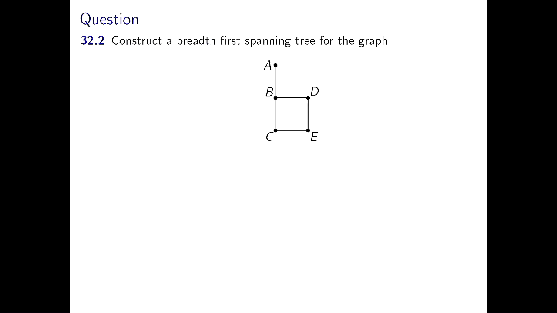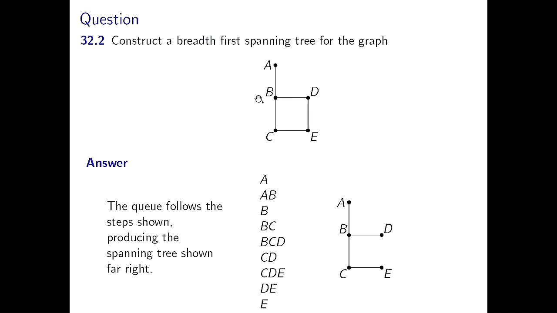Okay, so one more breadth-first search thing. How would we construct a breadth-first spanning tree of this graph? So I think the way we would do that is like this, right? I think our breadth-first tree would look like this. Why would it look like this? Well, we start at A, and we think, where can I go from A? Only to B. B goes into the queue, AB goes into the tree.